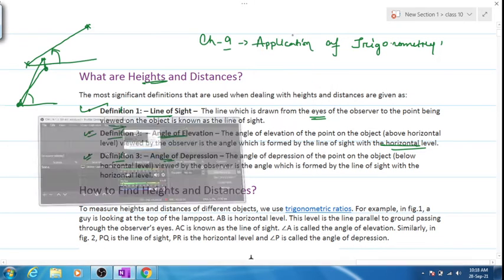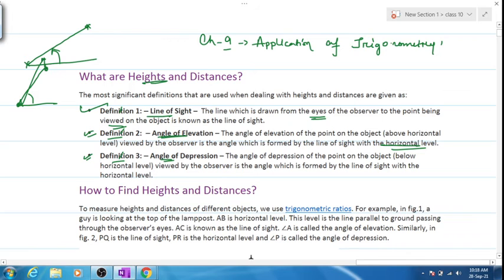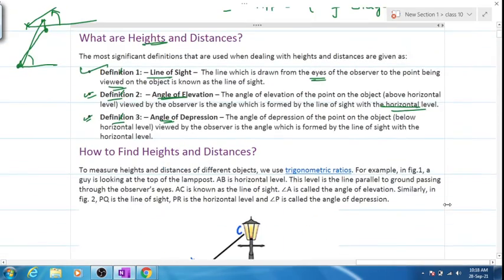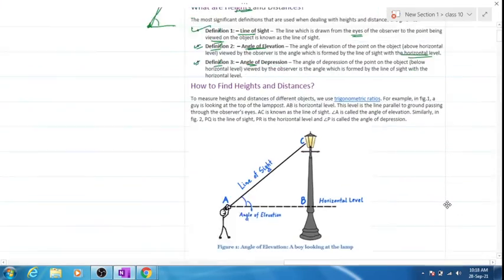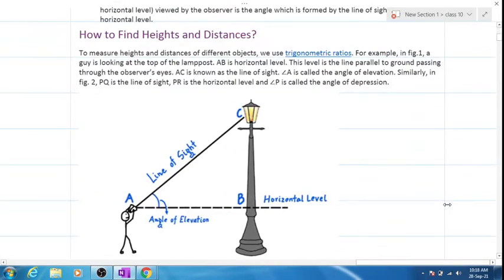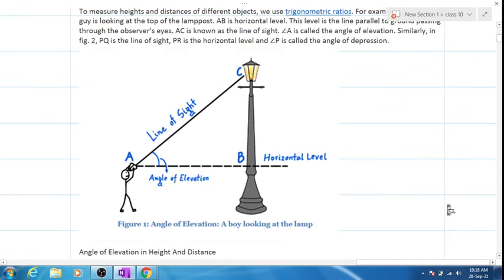Now moving on to a different part, how the height and the distance is calculated. We will not go into the theoretical portion of this because we'll be using trigonometric ratios only to find heights and distances. Just give me a moment. Yeah. Now people were asking, sir, what is your angle of elevation and all. So please draw this figure.